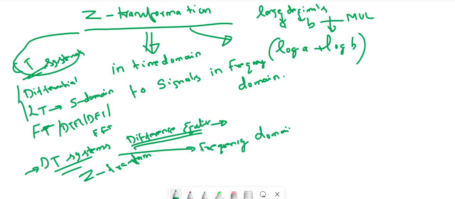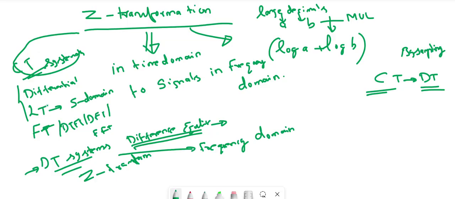Before starting the Z transformation, the classification of systems may be continuous time systems and discrete time systems. Continuous time to discrete time is done by sampling. You should know every concept: CT systems, DT systems. You have studied the basic mathematical foundations required to analyze signals and systems in the last semester.